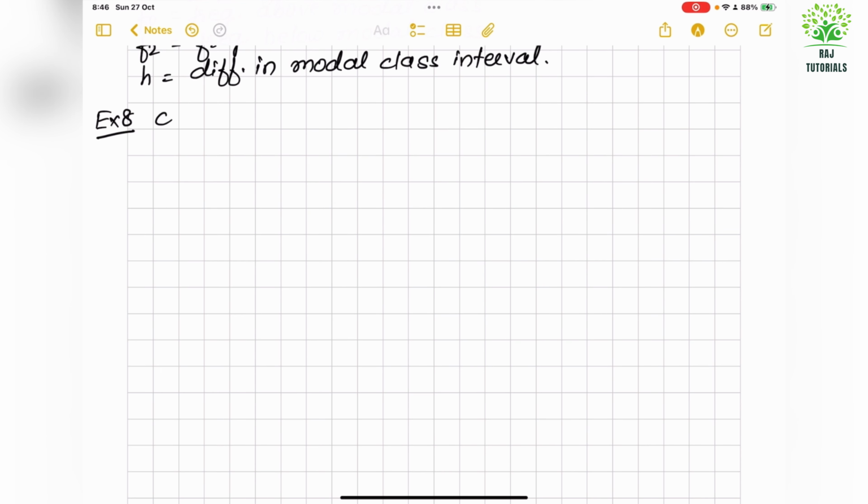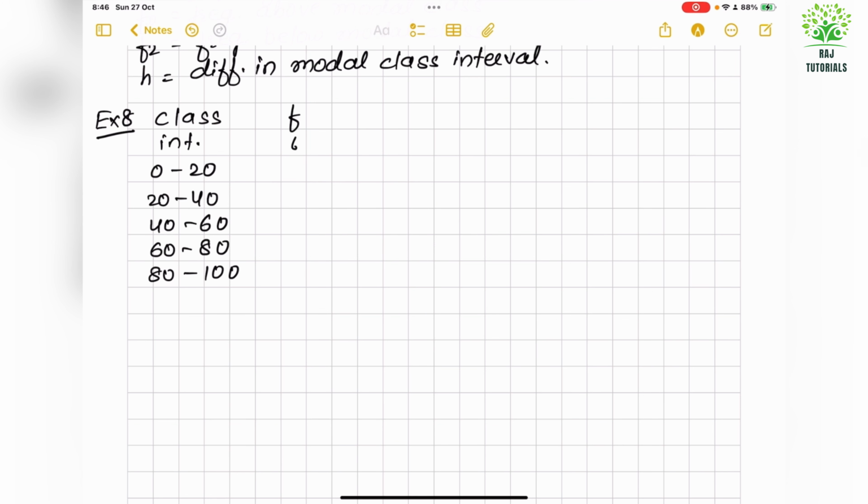So see, class interval and F will be given to me here. So 0 to 20, 20 to 40, 40 to 60, 60 to 80, 80 to 100.